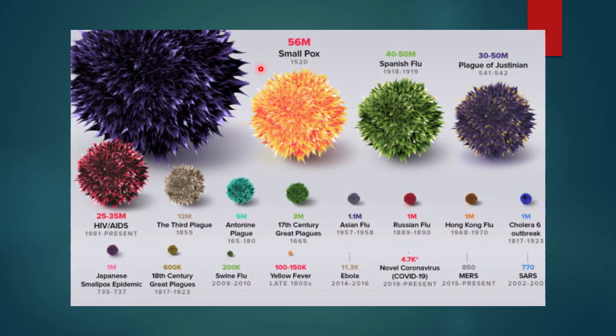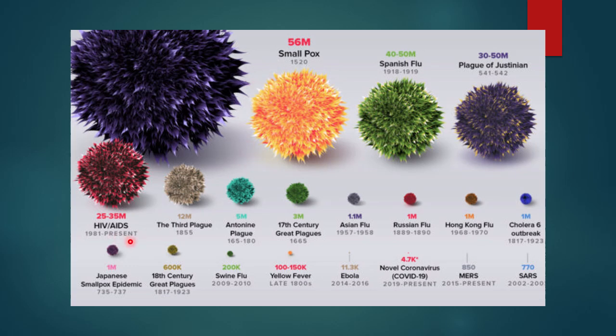And these are just a few of the huge pandemics that we've had through history. Like the plague of Justinian, the Spanish flu, of course, which happened in the 1900s, smallpox, which was responsible for killing a ton of Native Americans.